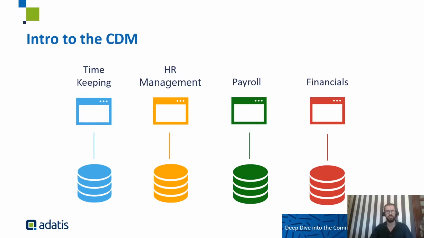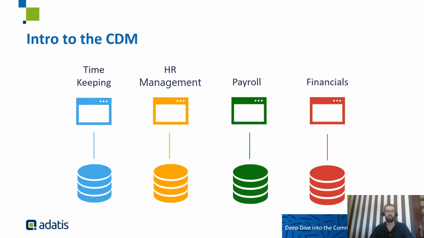So within the timekeeping, we might only store details such as the name, the project that the consultant is allocated. But then within the HR management, we will have more details such as the enrollment date, the position, and all sort of HR information.